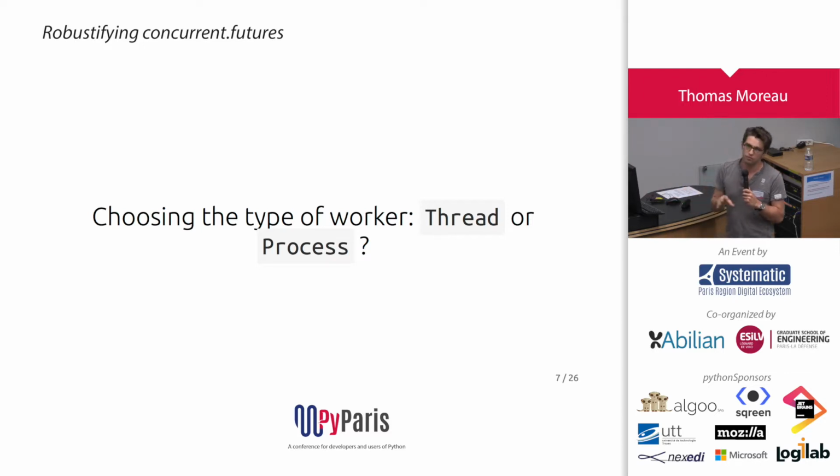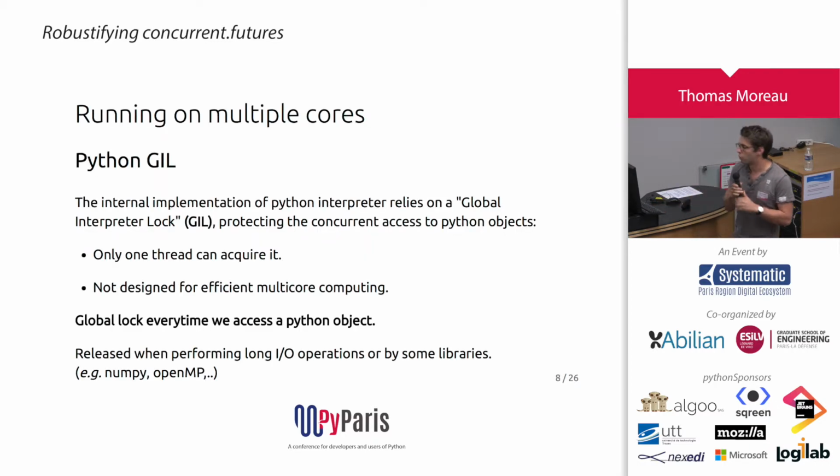And one mechanism which is really important in choosing between threads and processes is the GIL, the infamous GIL. So what is the Python GIL? The Python GIL is the global interpreter lock, which is protecting concurrent access to Python objects in the interpreter. And actually, only one thread can acquire it.